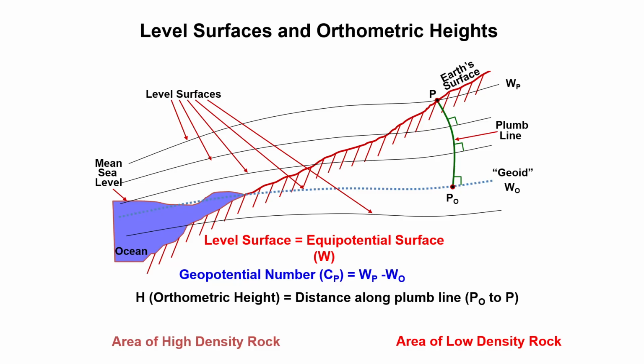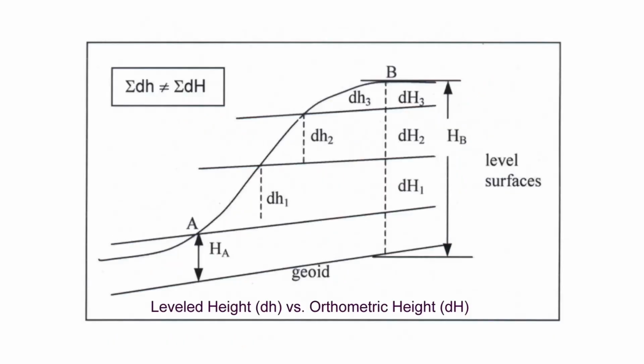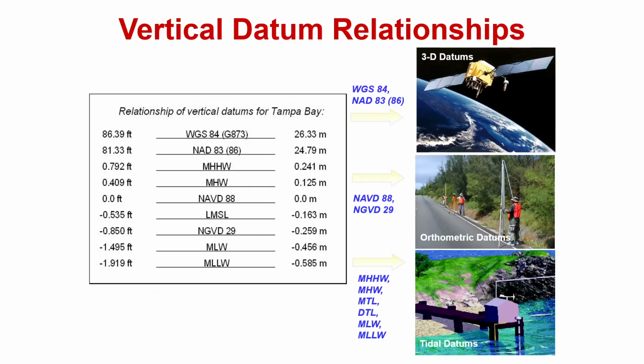So while doing optical leveling, we can just measure orthometric leveled heights between these level surfaces. You can see in the picture.